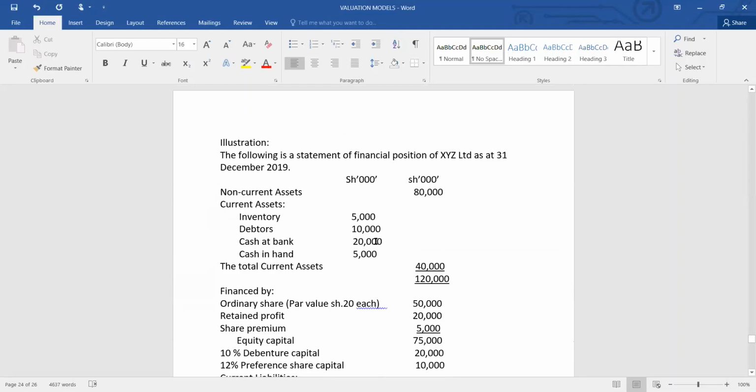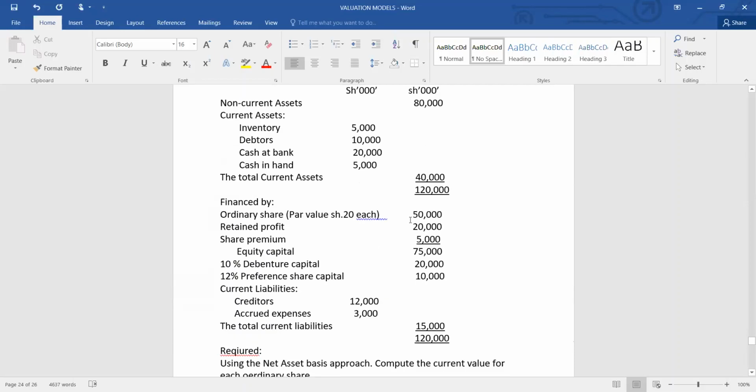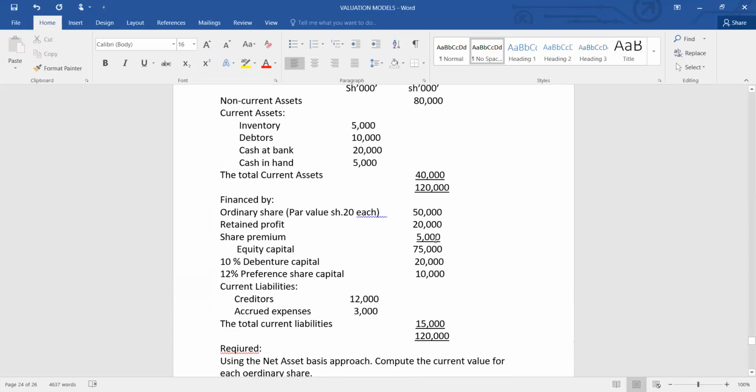Non-current assets, we have current assets, total financed by ordinary share capital, retained profit, share premium, equity, 10% venture capital, 12% preference share capital, current liabilities, we have creditors, accrued expenses, and the total is this. The debit and the credit side of the statement of financial position are in agreement.